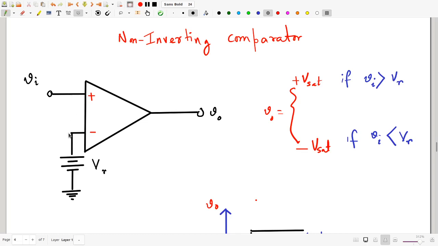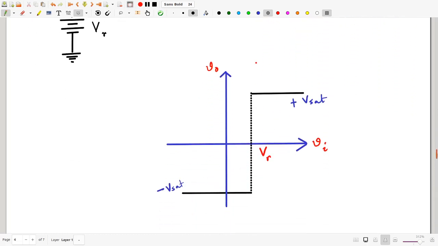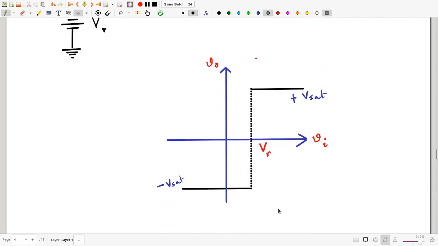So when Vi is more than VR, Vd is positive, you get plus Vsat. If Vi is less than VR, Vd is negative, you get minus Vsat. So this is the output versus input graph of the non-inverting comparator. Whenever Vi exceeds VR, the output jumps to plus Vsat from minus Vsat, which was its value before.